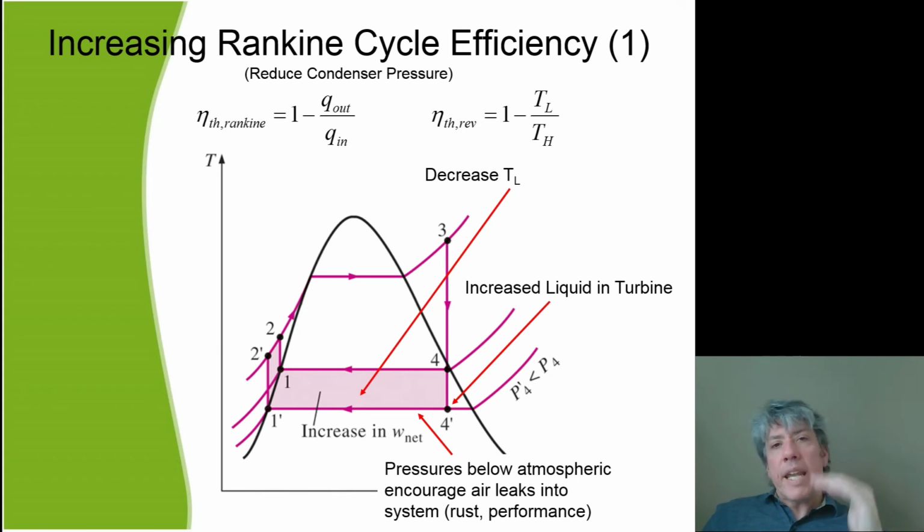If we decrease the condenser pressure, what can happen is that we could end up with a condenser pressure that is below atmospheric. If that happens and somehow a leak develops in the system, especially around the condenser, then air will leak into the system.